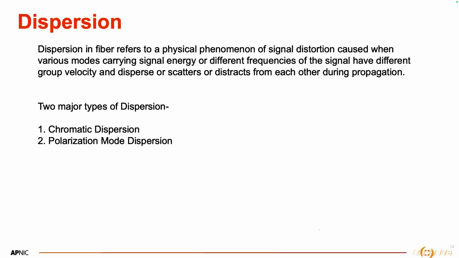In the beginning they were like this, but over time and distance, maybe one of the waves in one of the planes got weaker and fell behind. This phenomenon is called polarization mode dispersion.